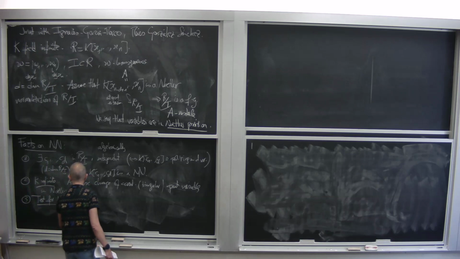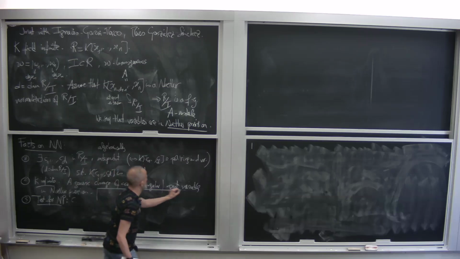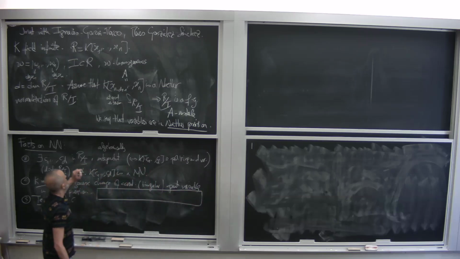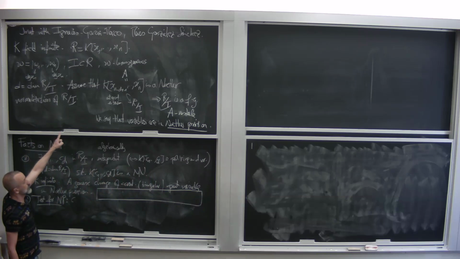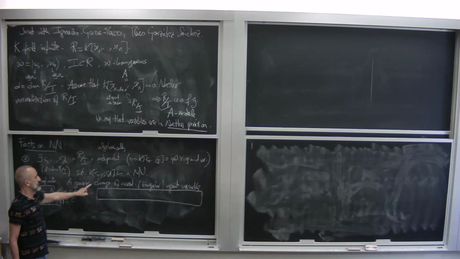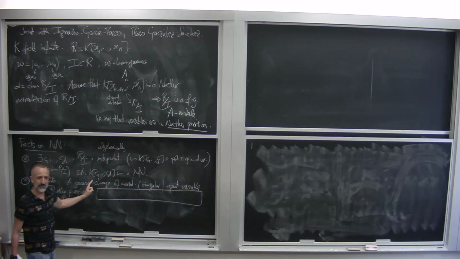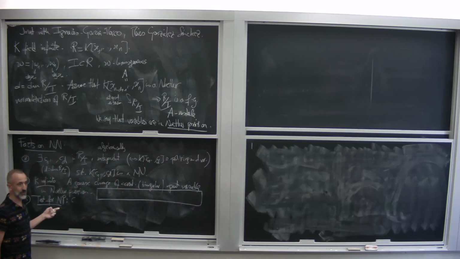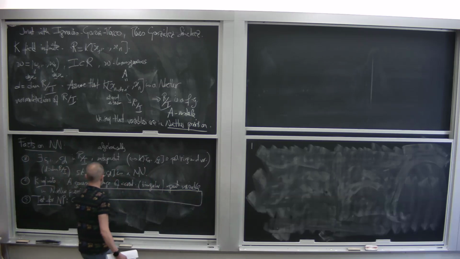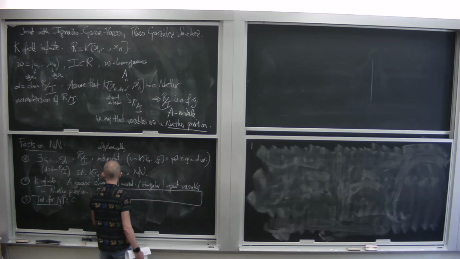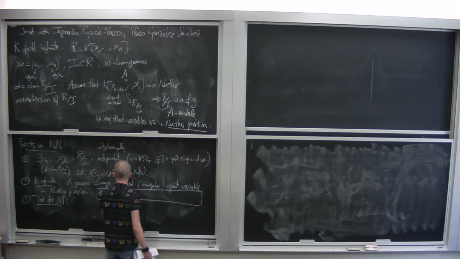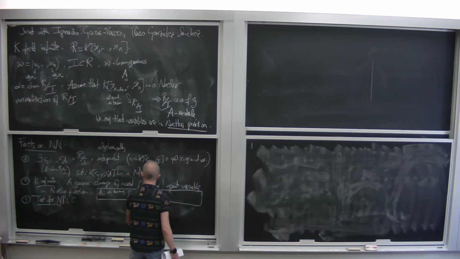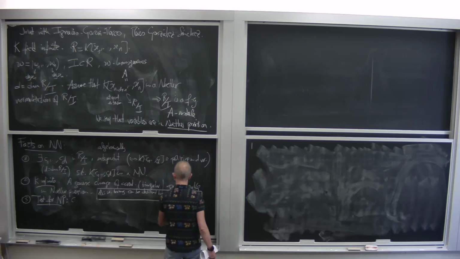Oh, sorry, I wanted to say something here, which is sometimes important. I have assumed my ideal weighted homogeneous. If I need to do a change of coordinates to have this, homogeneity can be destroyed by my change of coordinates. So we have to be careful with that.